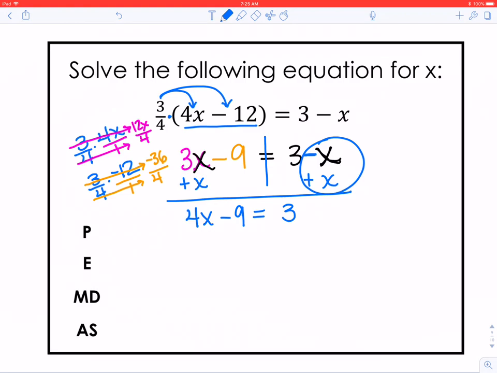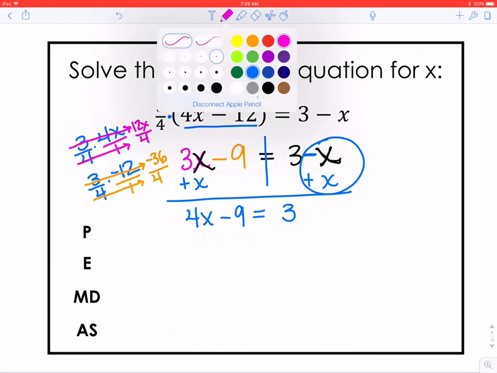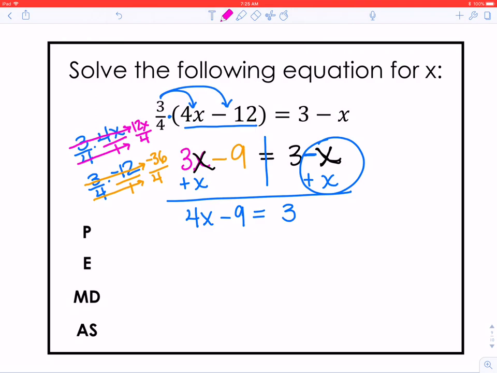That's better. But we will have a constant that's out of place. This negative 9 needs to be on the opposite side of the variables, so it needs to go to the right side of the equation. We've got to undo that. Undoing subtraction. Inverse for subtraction is addition, so add 9, add 9.